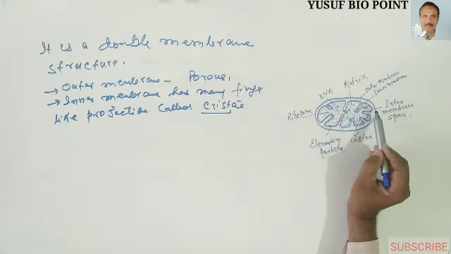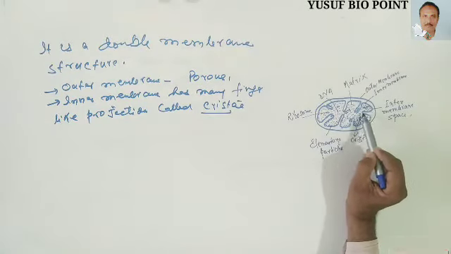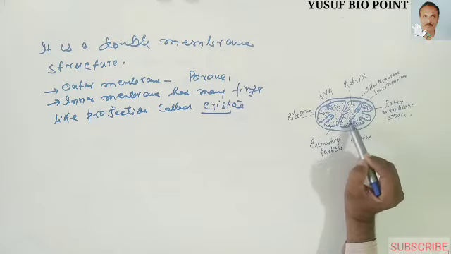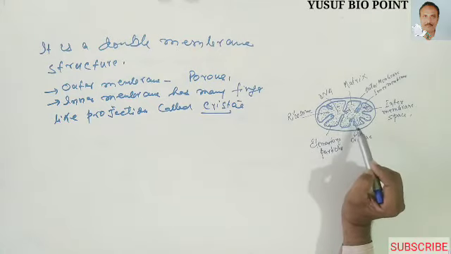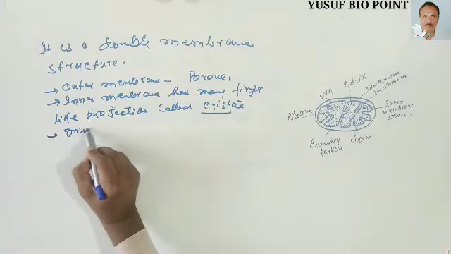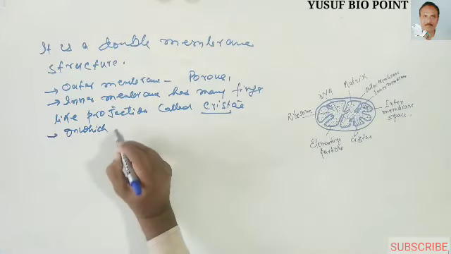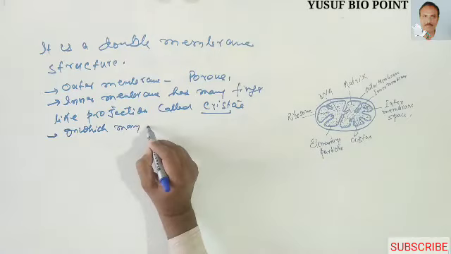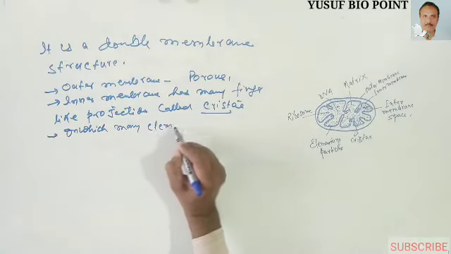This is the outer, this is the inner one, and the finger-like projections you see are called cristae, on which many elementary particles are found.